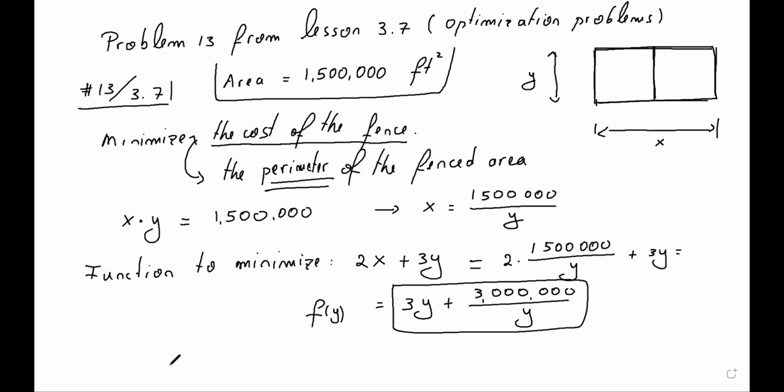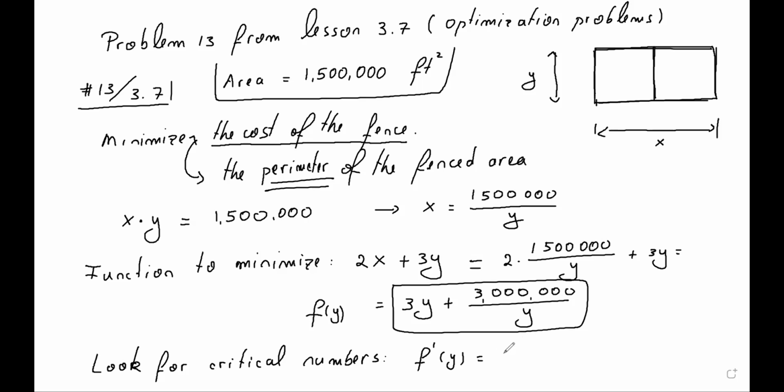And to minimize this function, remember the usual way we do derivatives. We're going to look for critical numbers of this function f, which means setting f prime of y equal to 0 and calculating f prime.